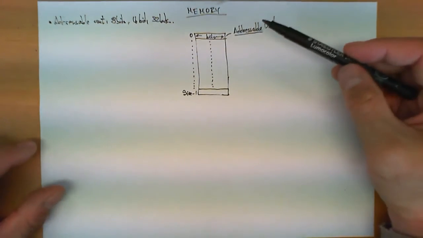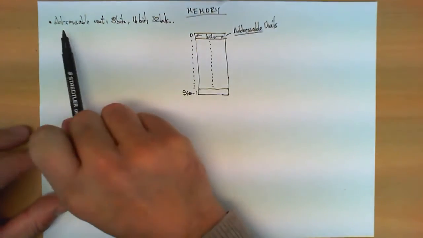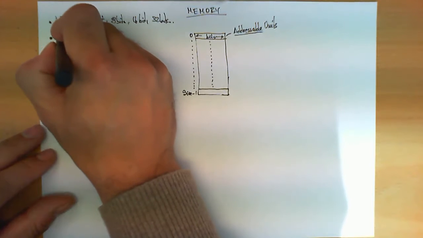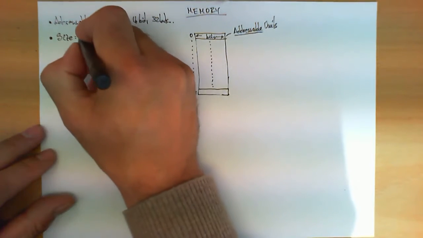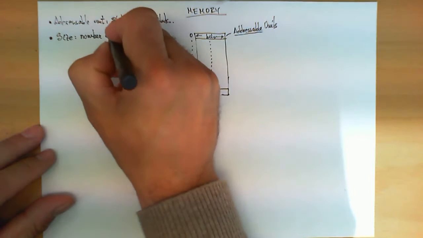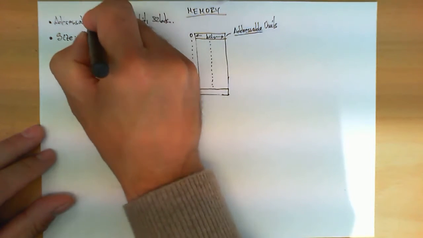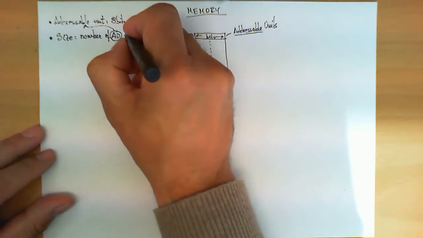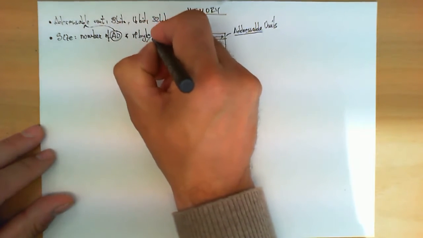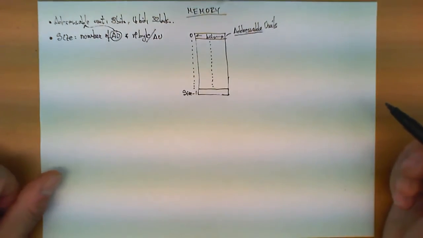It stores data, but the way it is organized internally depends on the size of this addressable unit. The total size of the memory can be obtained by multiplying the number of addressable units, let's call it AUs for addressable units, times the number of bytes per addressable unit.